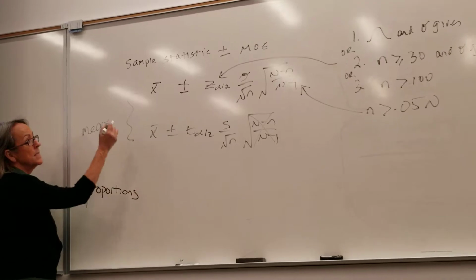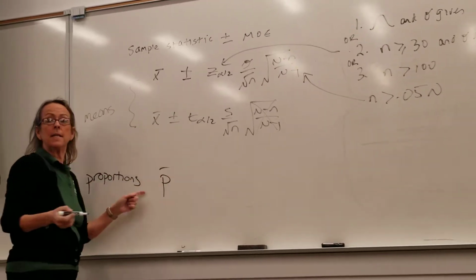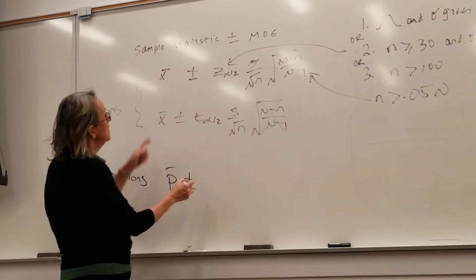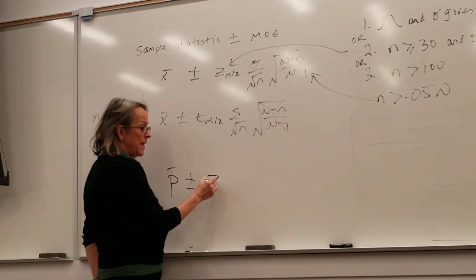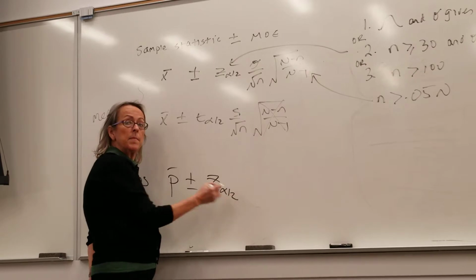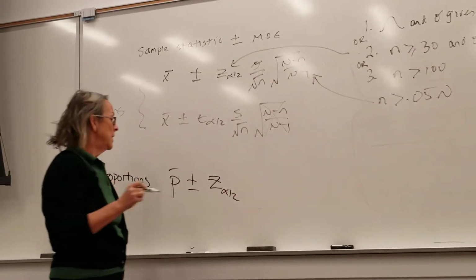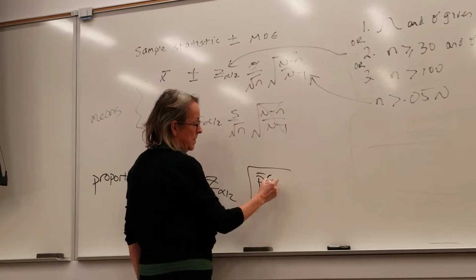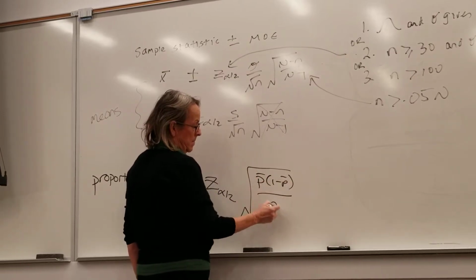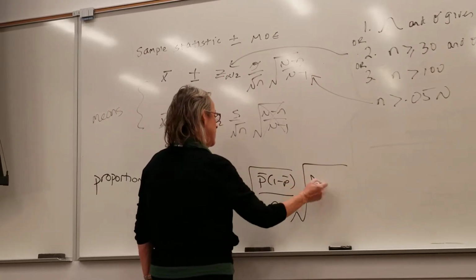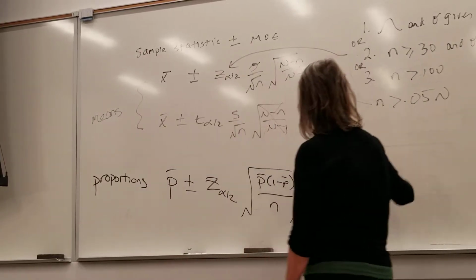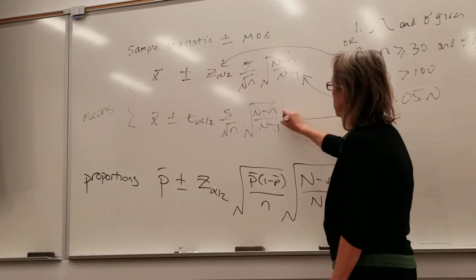Proportions. Okay, so still a sample statistic, in this case p-bar, sample proportion, plus and minus a margin of error. It will always be a z, but you do have to prove it. So this rule doesn't change, right?